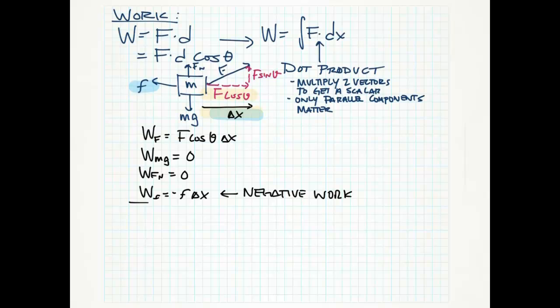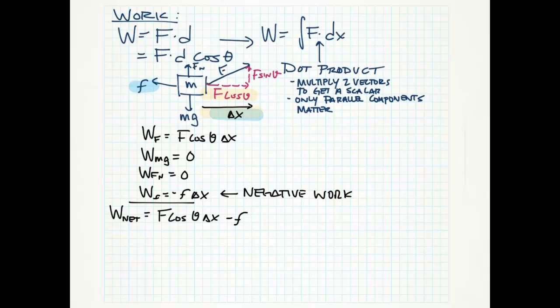In order to get the net work, we would just add all of these things up. So when we do that, F cosine theta times delta x plus 0 plus negative friction times delta x gives us our net work. That is the overall work that we do.